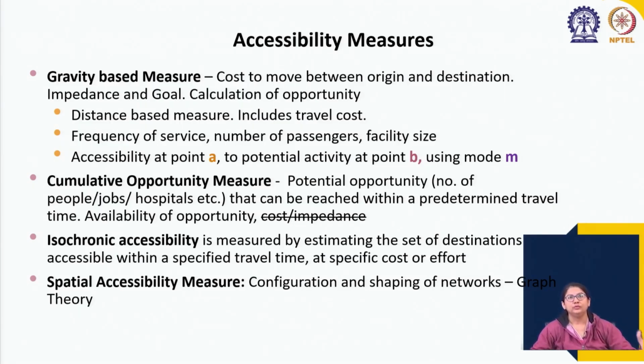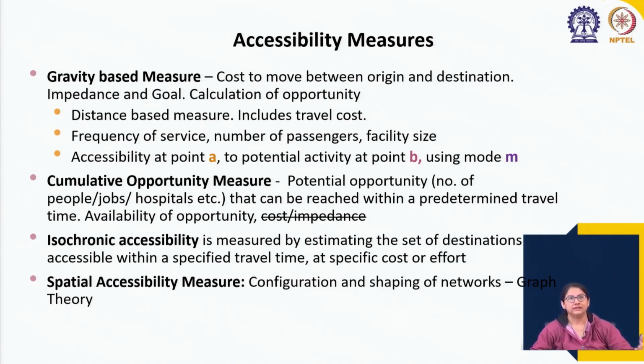Then we have the cumulative opportunity measure, in which the potential opportunity that can be reached within a predetermined travel time is included. So, it is also dependent upon the availability of the opportunity.